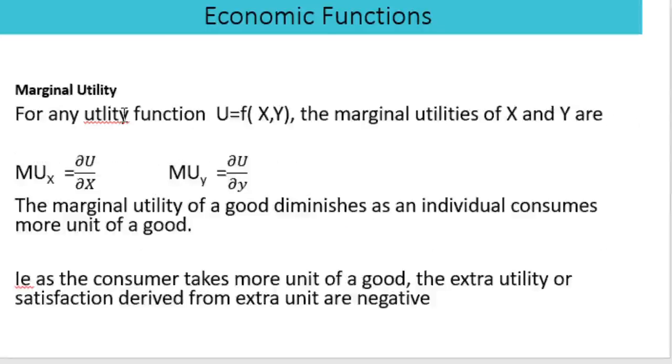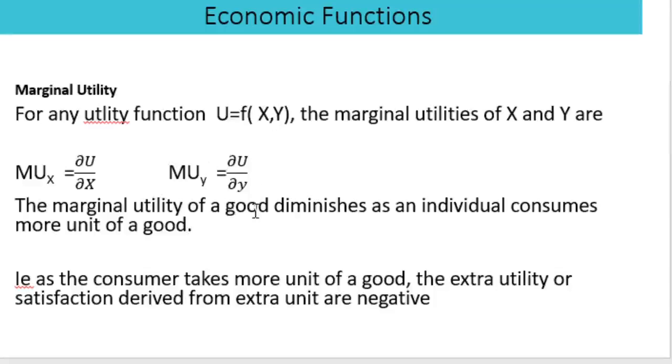For any utility function U, a function of x and y, the marginal utility of x and y can be specified as the partial derivative of the total utility function: marginal utility of x equals dou U by dou x, and marginal utility of y equals dou U by dou y.